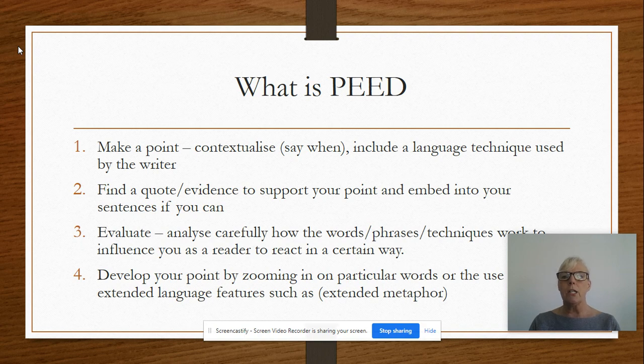And then you're into your evaluation, which is your analysis. Why has the writer used that language? Because it's going to influence you as a reader in a certain way. So analyze carefully how the words, phrases, techniques work to influence you as a reader. So the effect must be clear. Develop your point possibly by zooming in on particular words, or use the extended language features such as extended metaphor if you can.